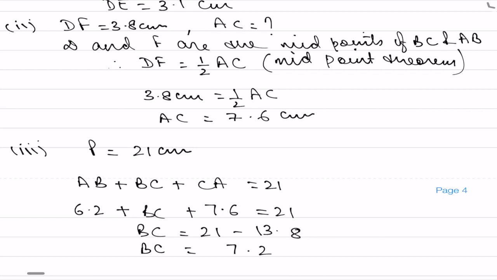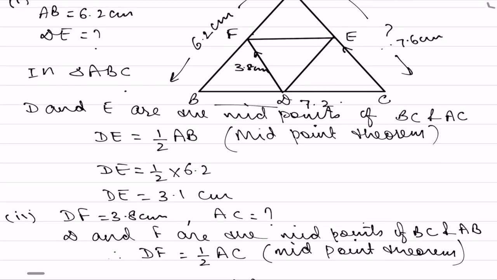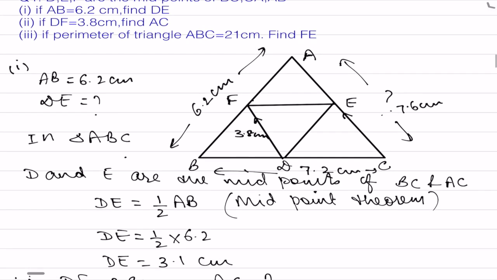Now in the figure we can see we have got the last side, that is 7.2 centimeter. Now we can see F and E are the midpoints. That means FE is parallel to BC as well as FE is half of BC, again by midpoint theorem. So if BC is 7.2, half of 7.2 is 3.6. FE is 3.6 centimeter.